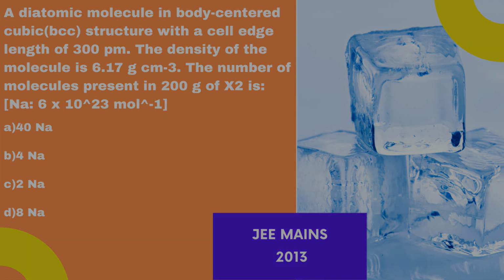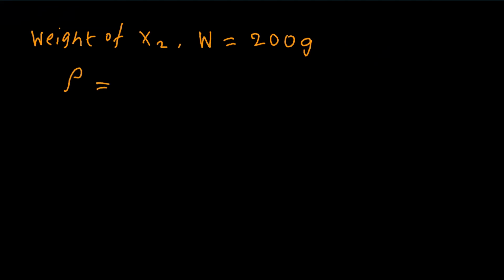Okay, so you are given the weight of X2. I can denote it like capital W, that is equal to 200 gram. Okay, the density rho is given as 6.17 gram per cc. Okay, the cell edge length, that is small a, is given to you as 300 picometer.